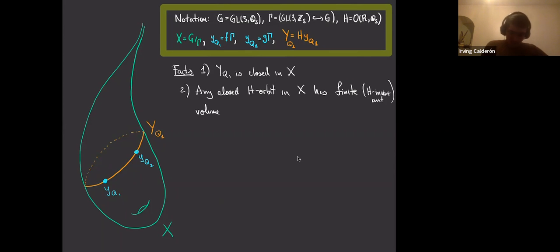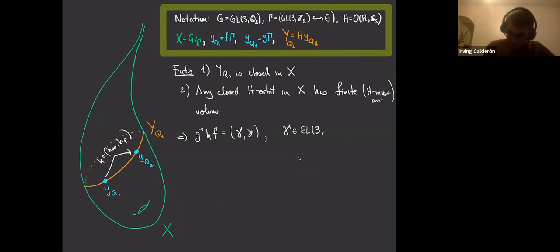Okay, so now if we have an h that moves the first point to the second, it has a real coordinate and a p-adic coordinate. So in that case, g minus 1 h f is a pair gamma, gamma. Gamma is in GL3(Cs).